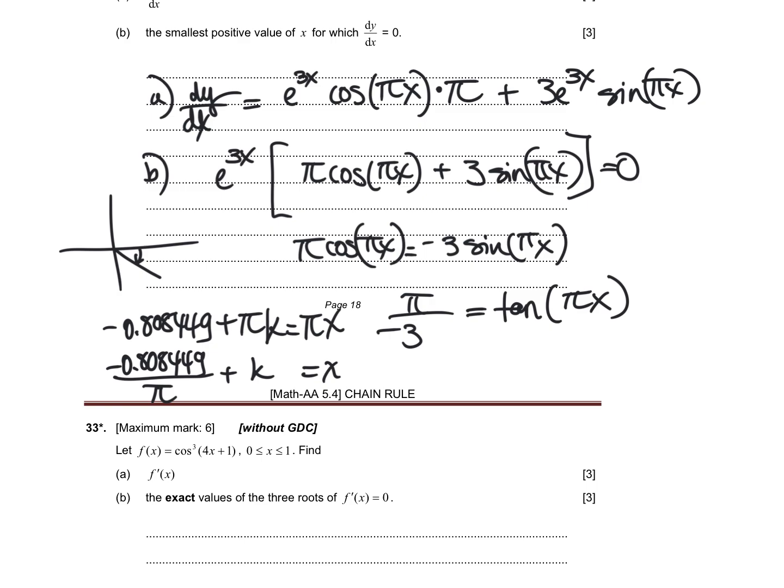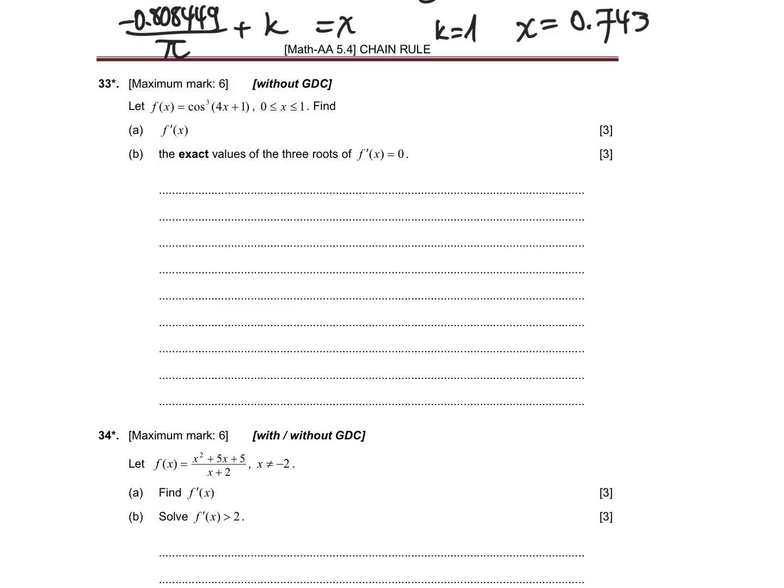If I add 0 to it, that doesn't change anything. Remember, k is an integer. So if I add 1 to that, that should be our answer. So k equals 1, x is 0.743.